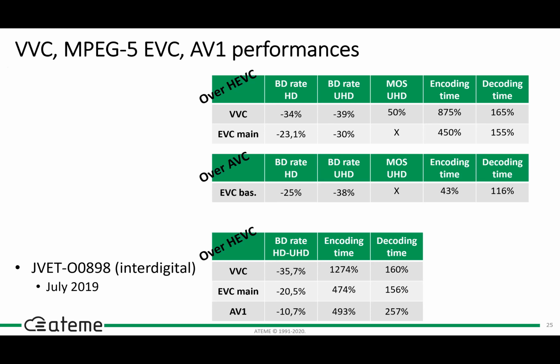And if we look at the baseline with the royalty-free codec, we have something that is a 38% improvement over AVC. If you remember correctly, it's really close to what HEVC is bringing over AVC. The encoding time here is a bit difficult to manage over AVC.